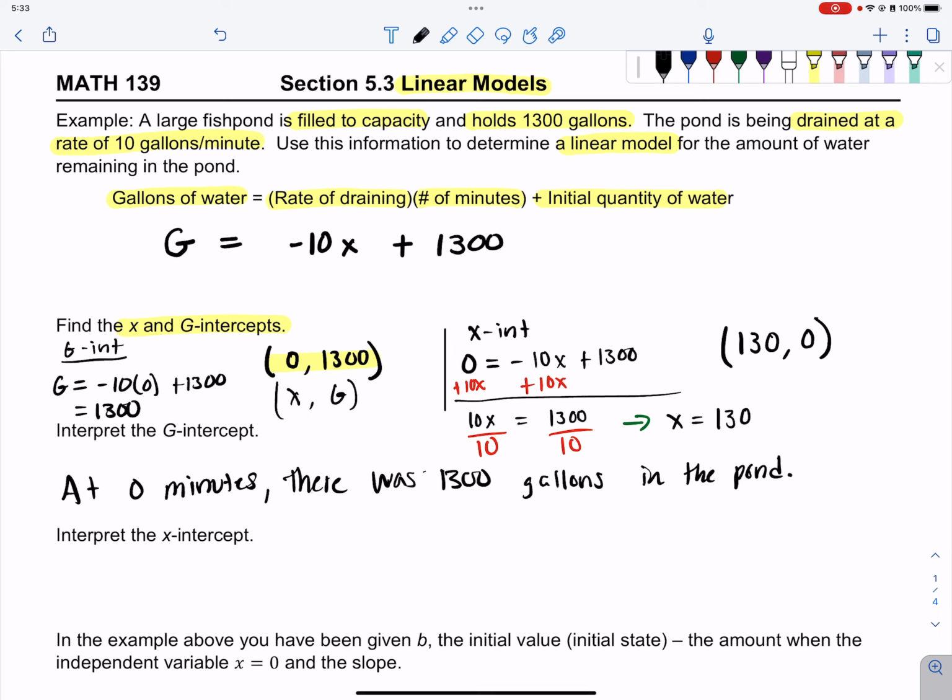We could also say something like at the beginning, or before they started, sort of implying the 0 minutes part, that there were 1,300 gallons of water in the pond.